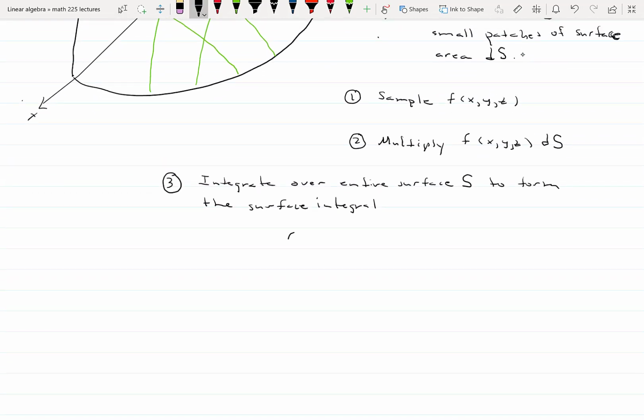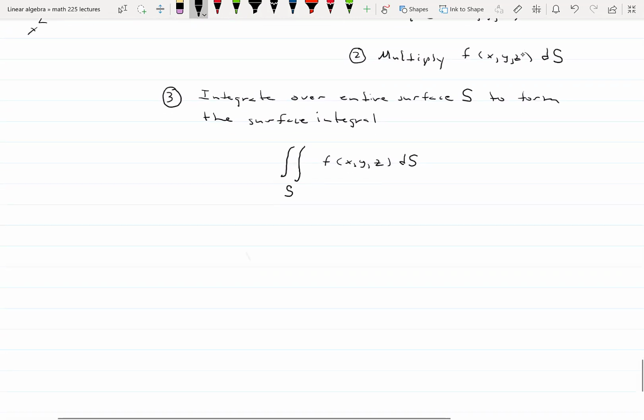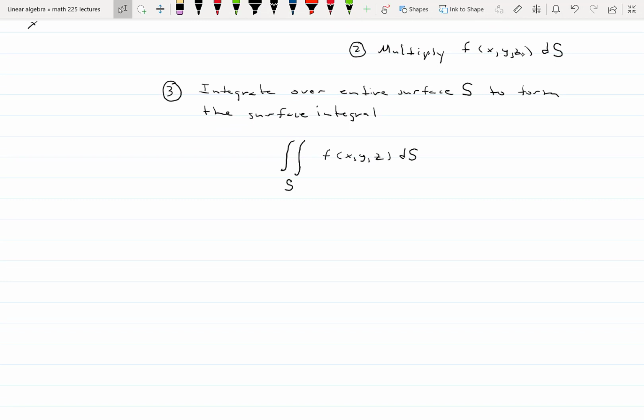The surface integral is defined as the double integral over S, not over the projection, but over the surface, of f of x, y, z dS, where dS is the same differential element of surface area that we looked at in the last section. So if f of x, y, z is 1, we have the last section. We have surface area.